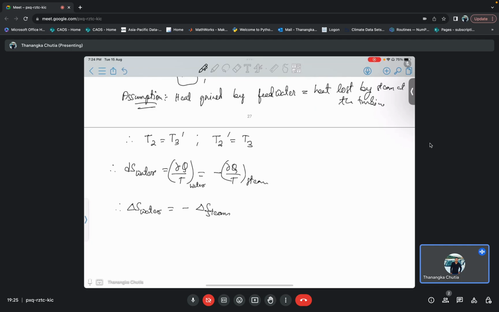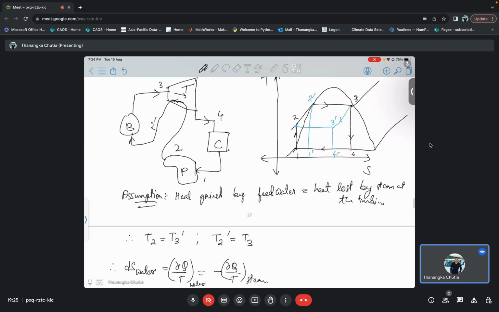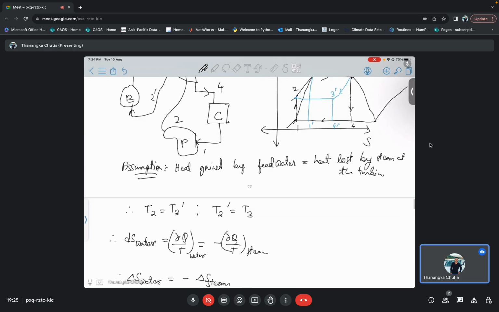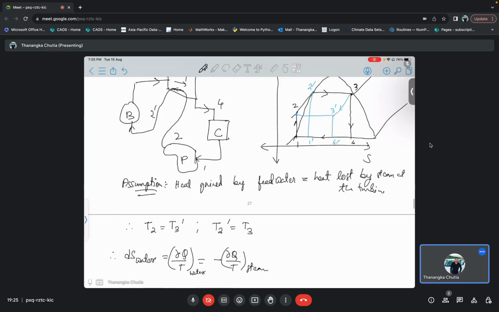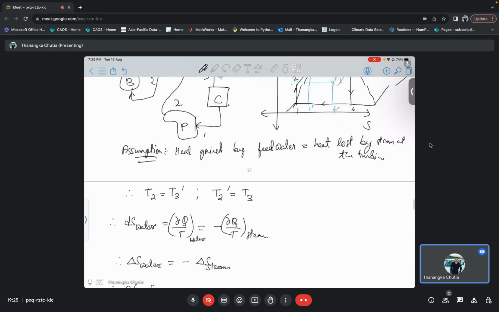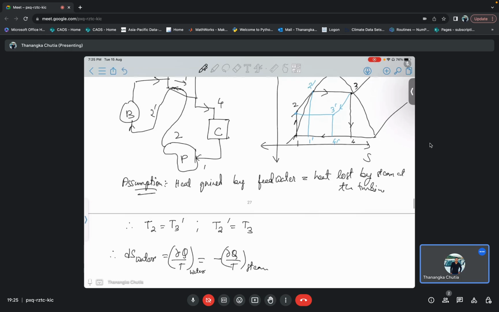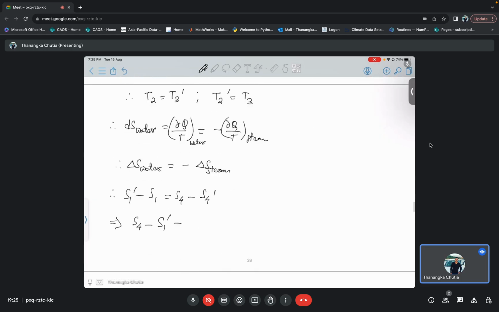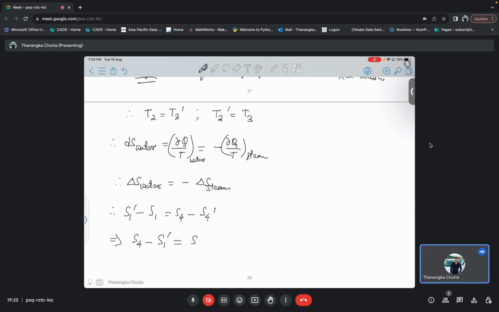So what I can write is, therefore, what is the change in entropy of the water? The change in entropy of the water is S1 prime minus S1, and that must be equal to S4 minus S4 prime, and this I can rewrite as S4 minus S1 prime, and that is equal to S4 prime minus S1.